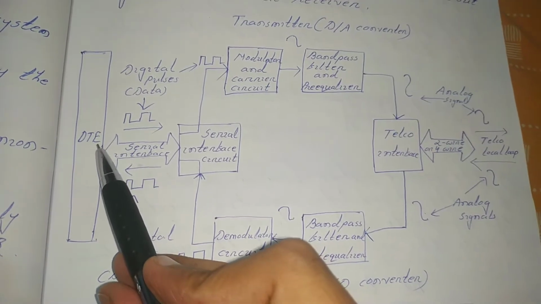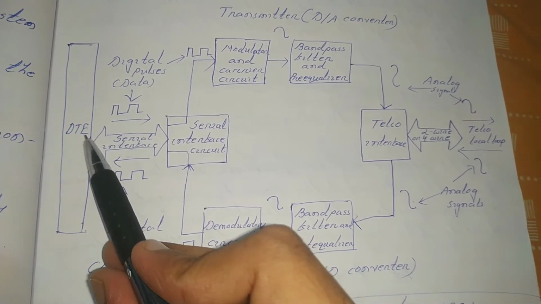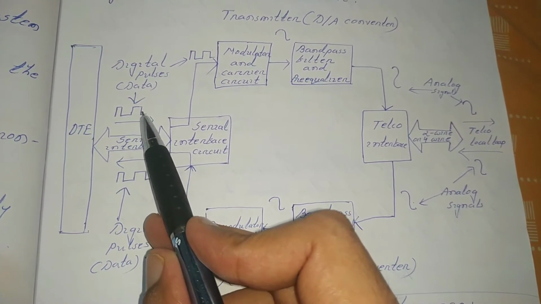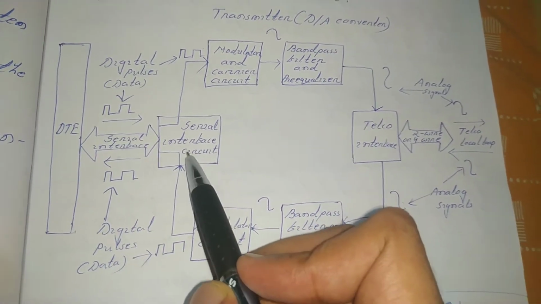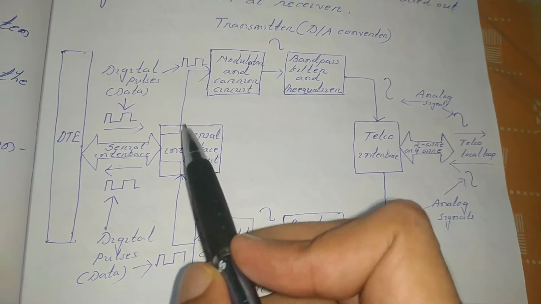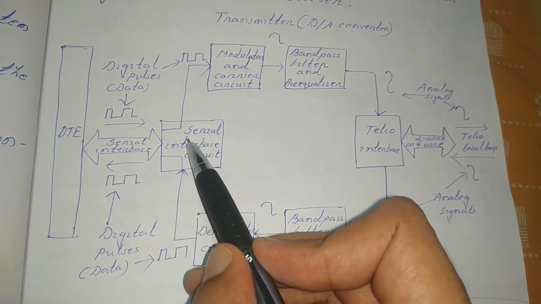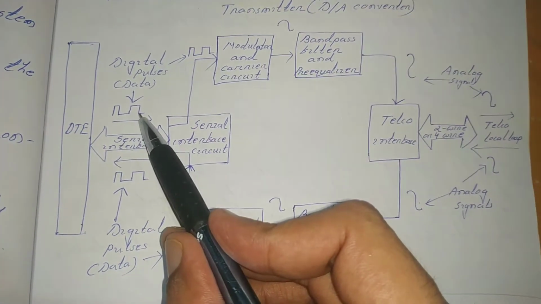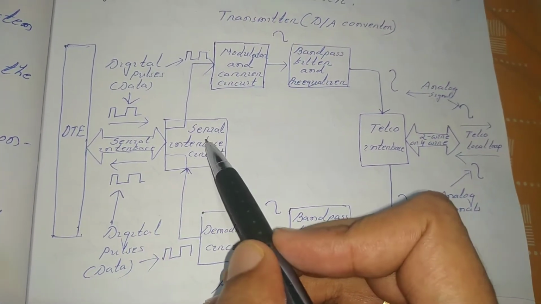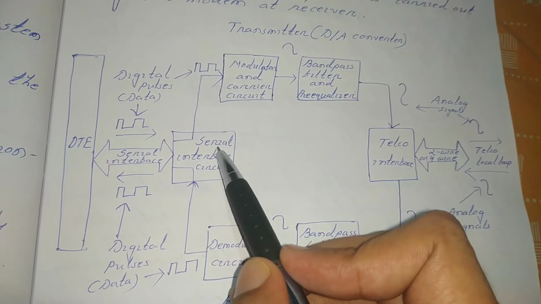First, your DTE, or data terminal equipment, produces some digital pulses or digital information, and that is fed into the serial interface circuit. Sometimes it is needed to modify the voltage level of the digital pulses produced by the DTE. That is done by the serial interface circuit.